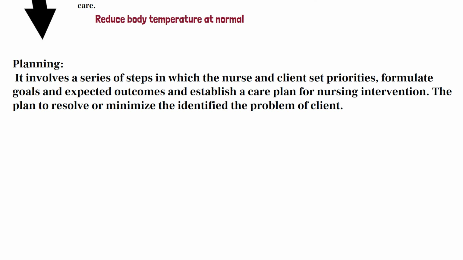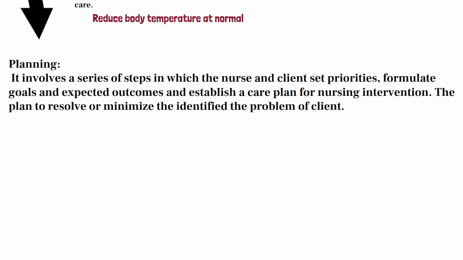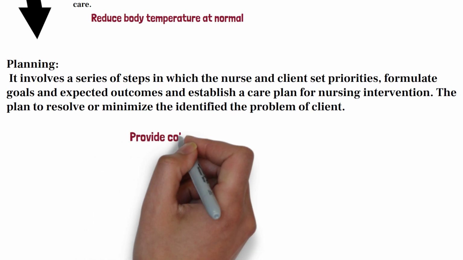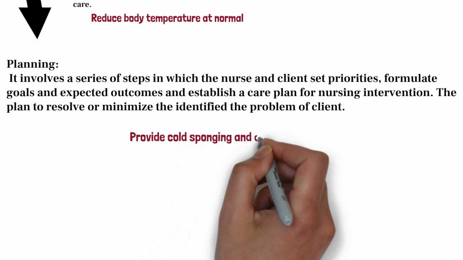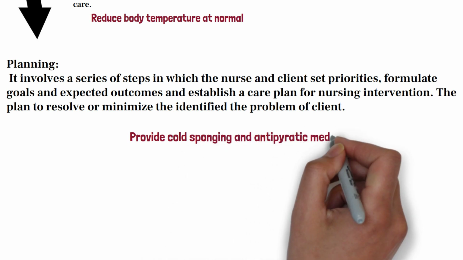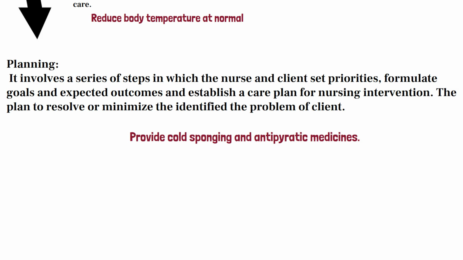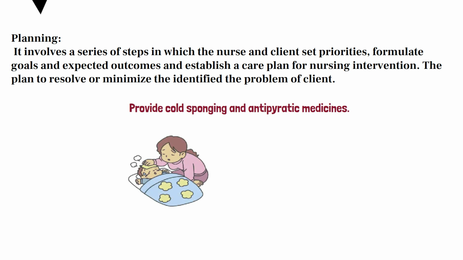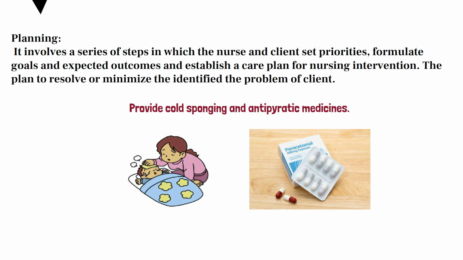So in this phase, the nurse will plan what care she can give to the patient to meet the goal. So in the example, the nurse can plan to give cold sponging or antibiotic medication for the patient to reduce the body temperature. So this is the plan: to give cold sponge and the antibiotic medications.